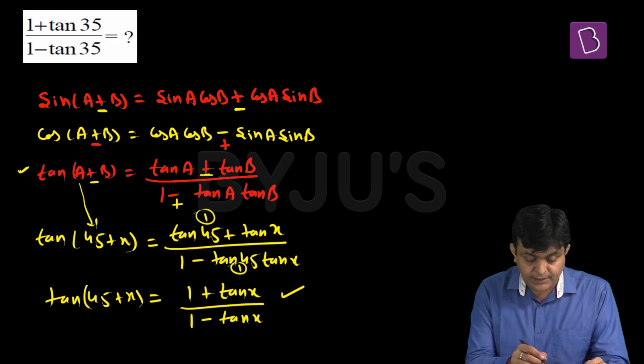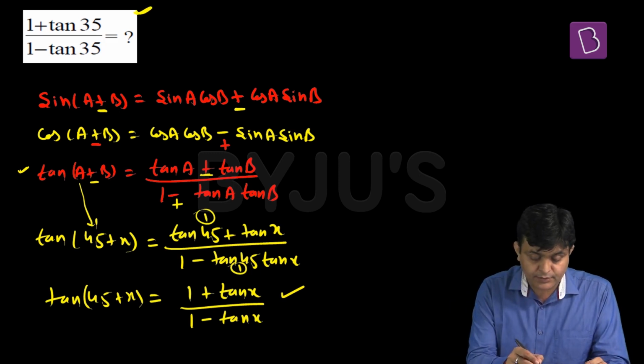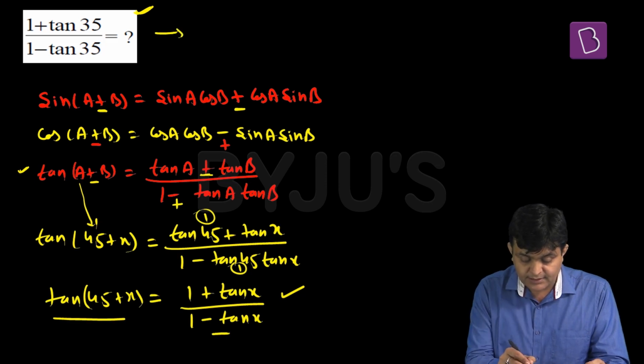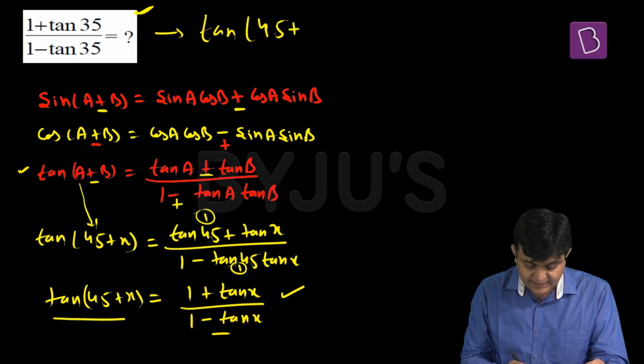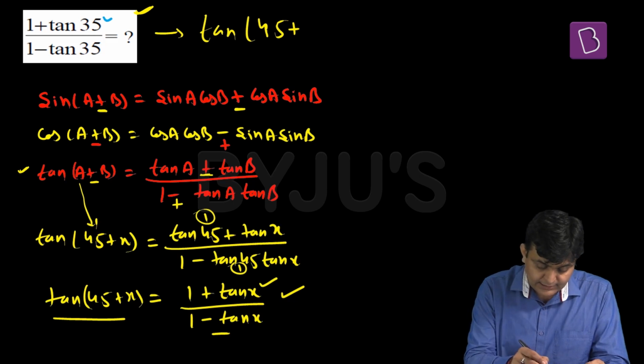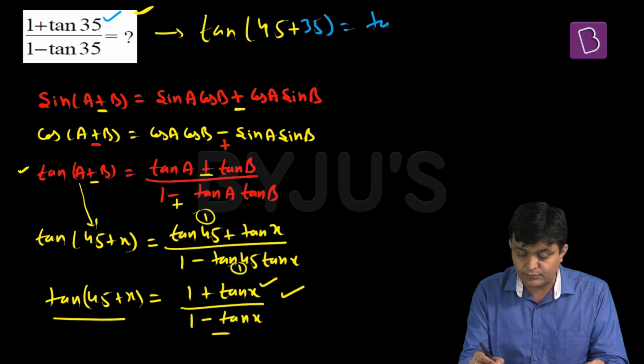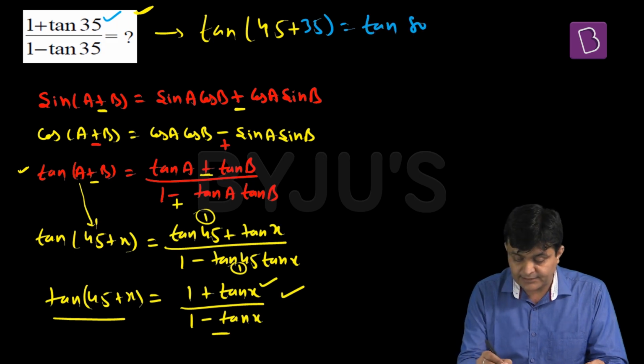If we compare this given question with this formula, so it becomes tan 45 plus x, x is 35, that means 35, that is again equal to tan 80.